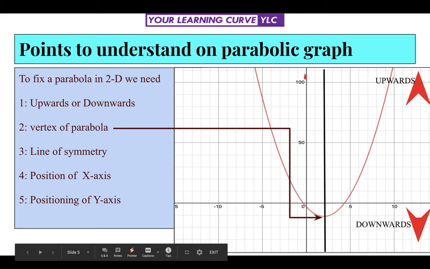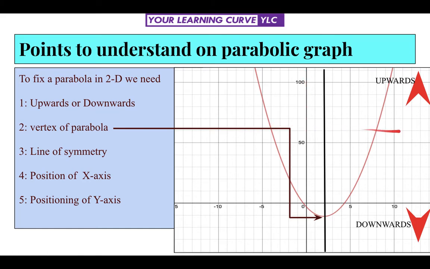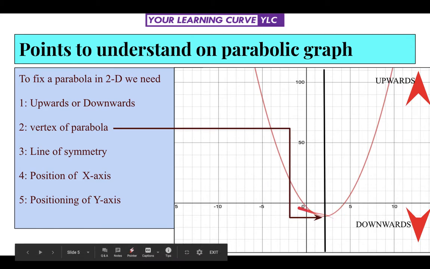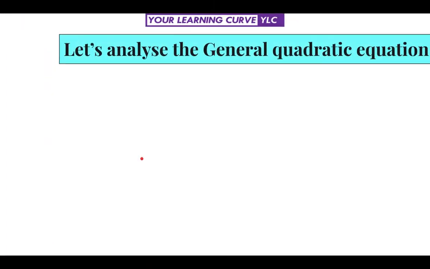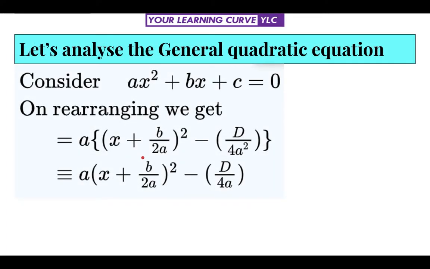This y-axis is positioned where with respect to the vertex of the parabola. The most important things in this are upwards or downwards parabola, vertex of the parabola, and positioning of the x-axis as far as quadratic equations are concerned. Let's analyze when the parabola will be opening upwards or downwards.